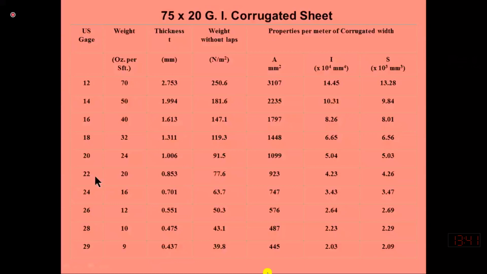So what is the weight? Weight of this sheet is 77.6 without laps, 77.6 Newton per meter. Area is 923 millimeter square. Moment of inertia is 4.23 into exponent 4 mm4, and section modulus is more than 3.98.